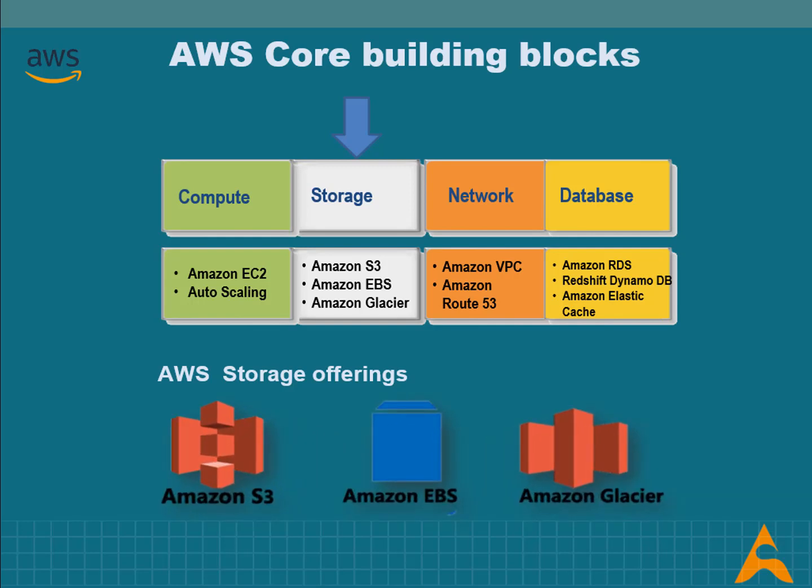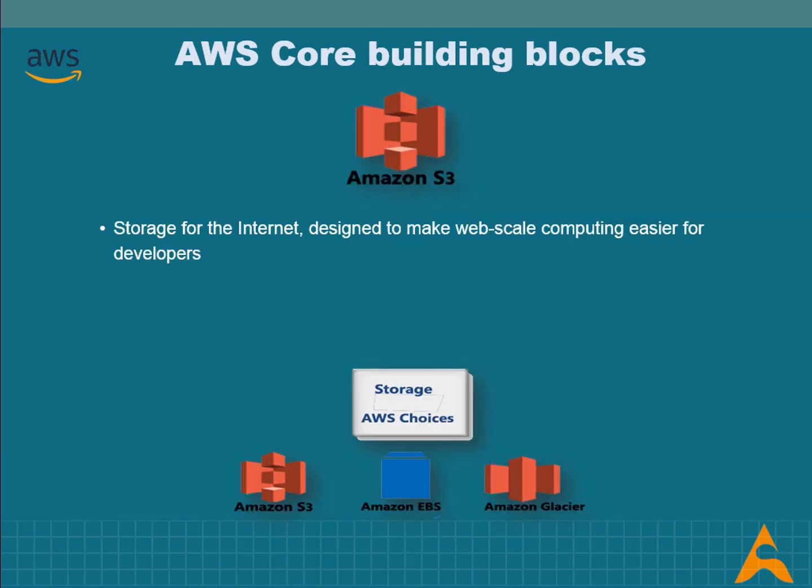Cloud storage is typically more reliable, scalable and secure than traditional on-premise storage systems. Storage services in AWS refer to a place where users can keep content and make it available anytime. AWS offers several storage services. We'll focus on the most commonly used and popular services like Amazon S3, Amazon EBS, and Amazon Glacier. Let's understand one by one.